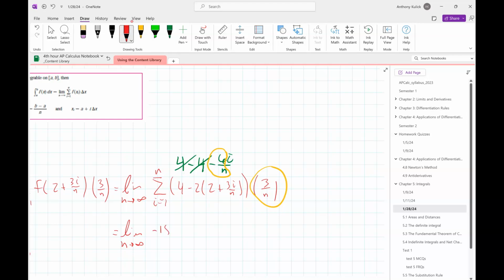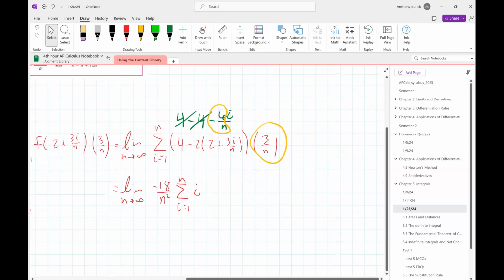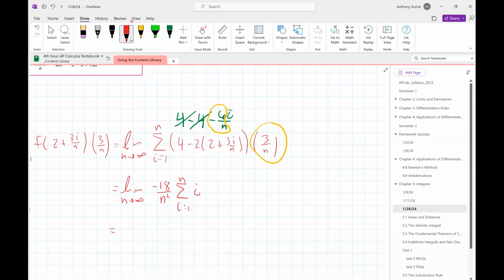So that's going to be negative 18 over n squared. And I can do that because none of that stuff depends on i. I'm now going to go and figure out the sum from 1 to n of i. That was an identity that we were given in the book. It is n times n plus 1 over 2.